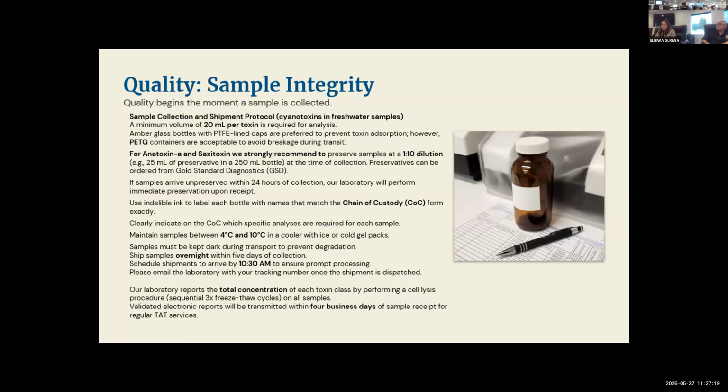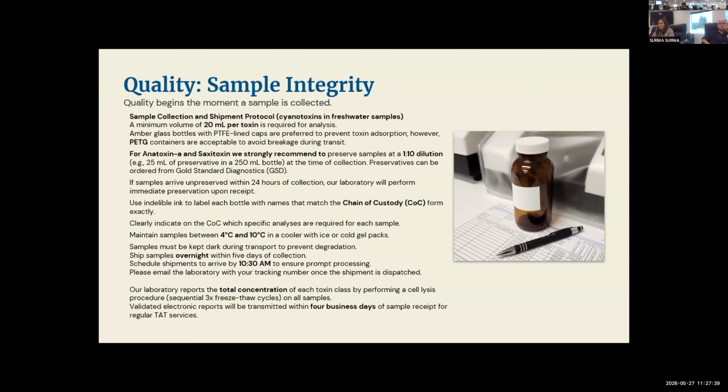A critical point is preservation. For anatoxin A and saxitoxins, we strongly recommend preserving samples at a 1 to 10 dilution at the time of collection. These preservatives can be ordered directly from Abraxis.